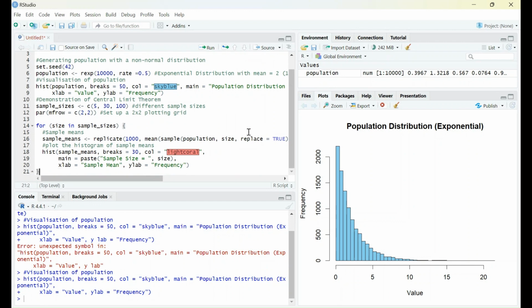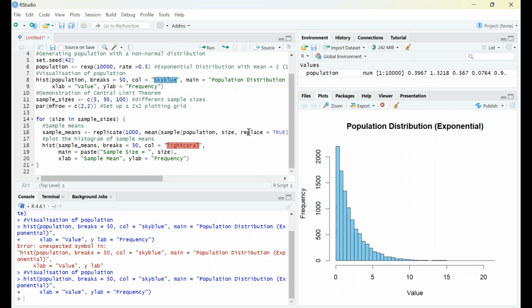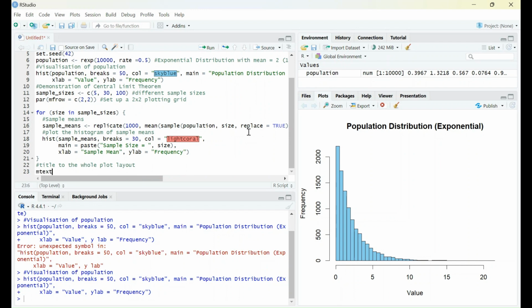Now we'll give a title for the whole plot layout. Demonstrating the central limit theorem.